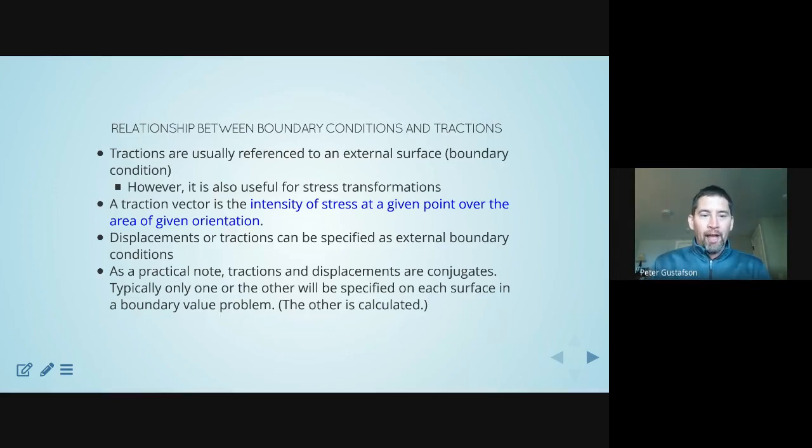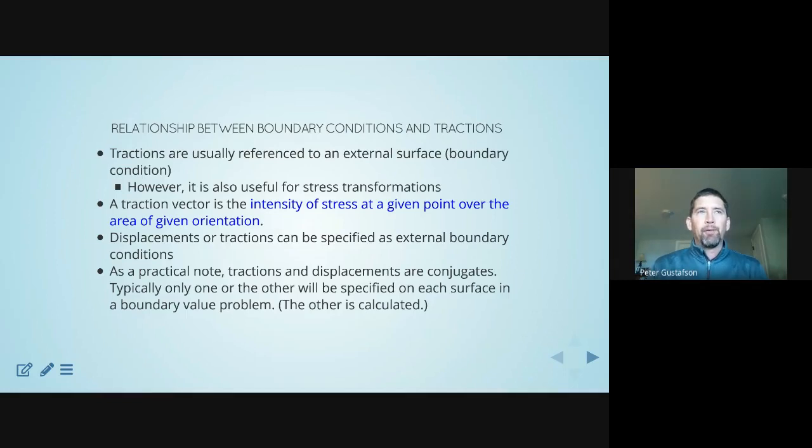I'll mention that if I give you a homework problem or an exam problem with boundary conditions, I'm typically going to give you displacement boundary conditions or tractions or maybe point forces. Those are what are going to be specified as external boundary conditions. As a practical note, it would be rare that I would give you both tractions and displacements.